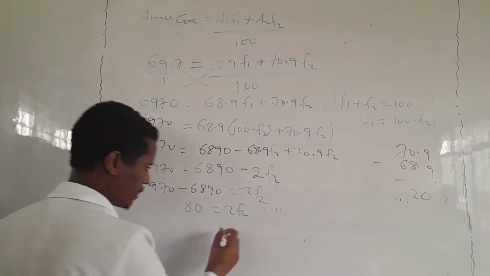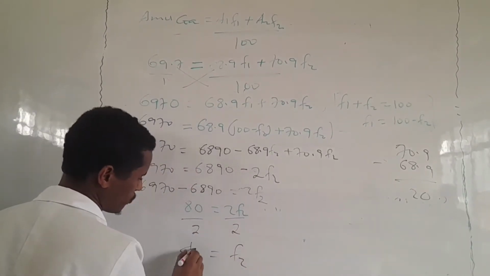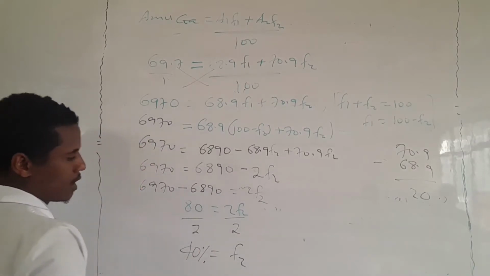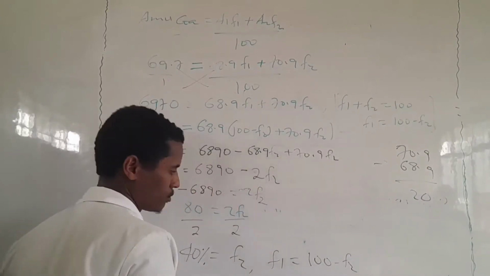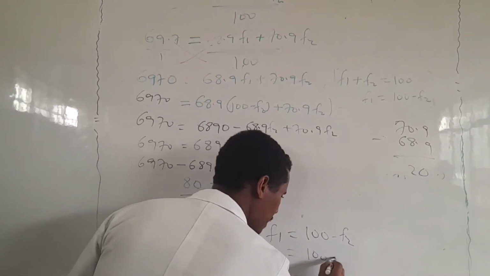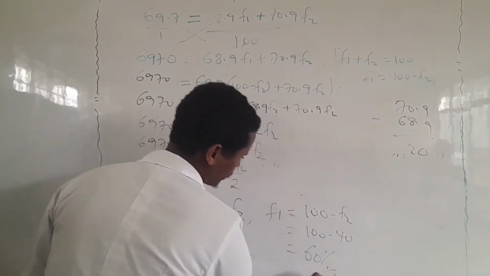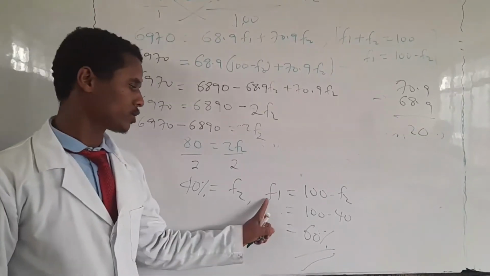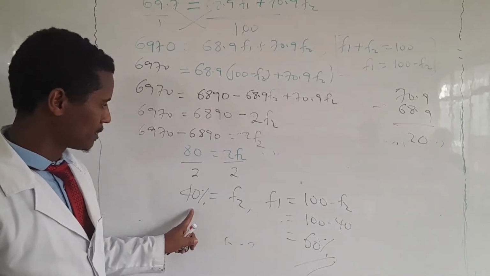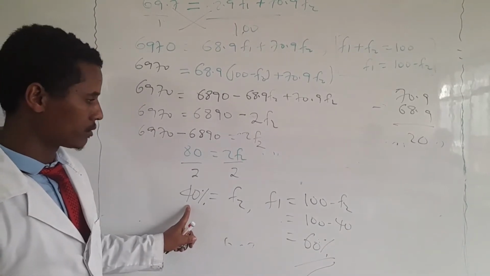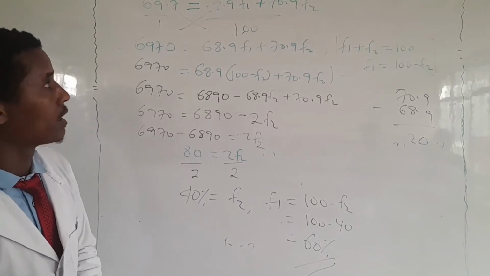Then divide both sides by 2 and we get F2 equals 40%. What about F1? F1 equals 100 minus F2, so it is 100 minus 40, which equals 60%. So the fractional abundance of the first isotope, 69 gallium, is 60%, and F2, that means 71 gallium, is 40%. So you can calculate like this the fractional abundance of F1 and F2 for gallium.